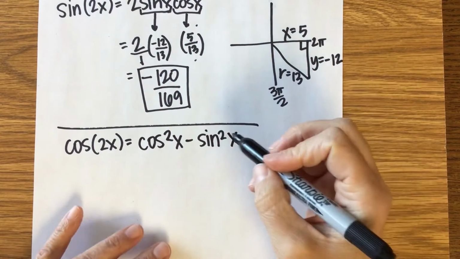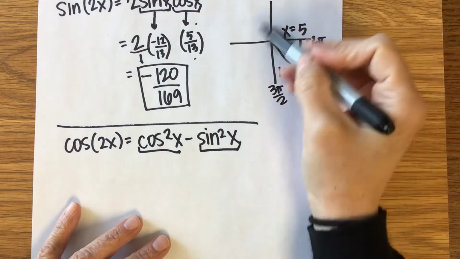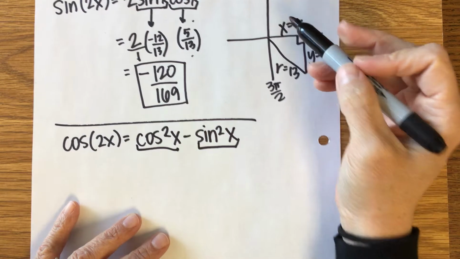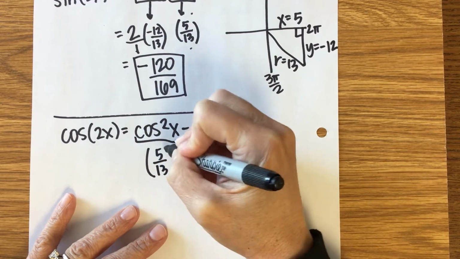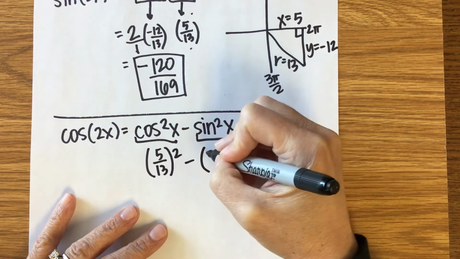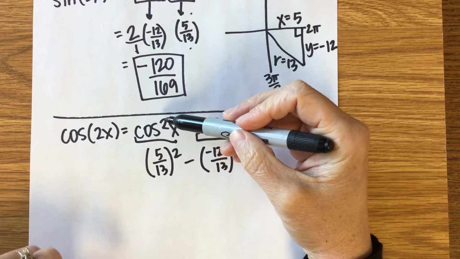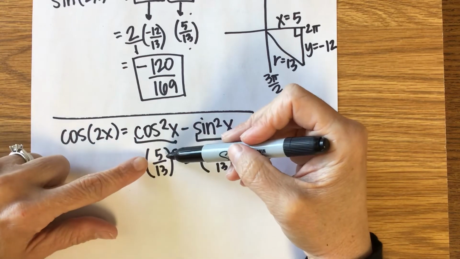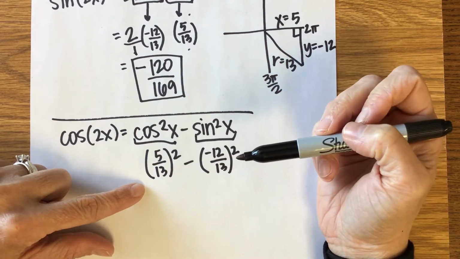Got that? Second thing is, I can look up cosine of x and sine of x. I'm using the same picture, so I don't have to redraw it. Cosine of x is 5/13. Sine of x is -12/13. And with order of operations with trig functions, you first look up the trig function, 5/13. After that, you square it.